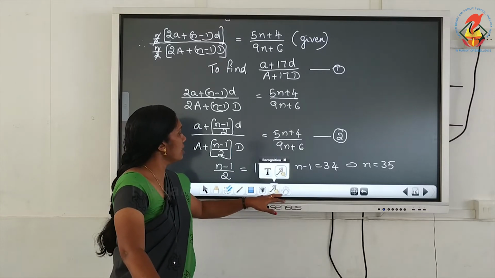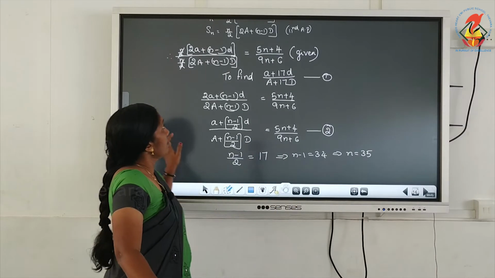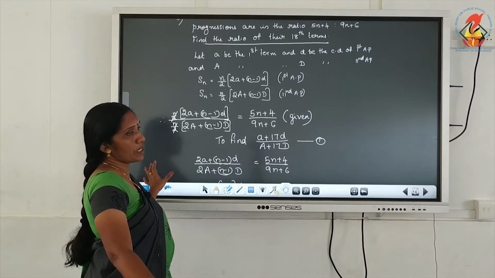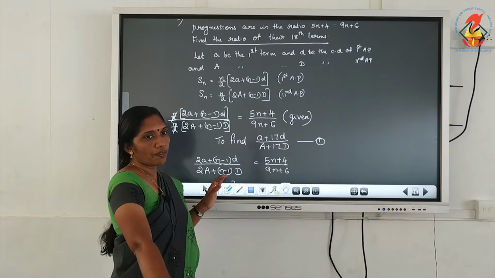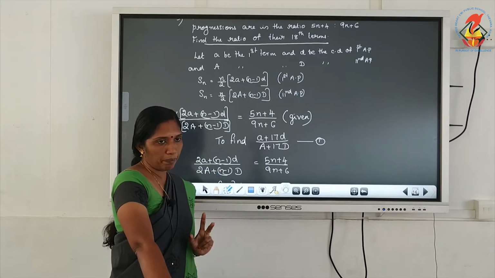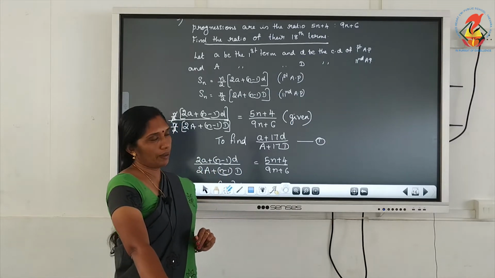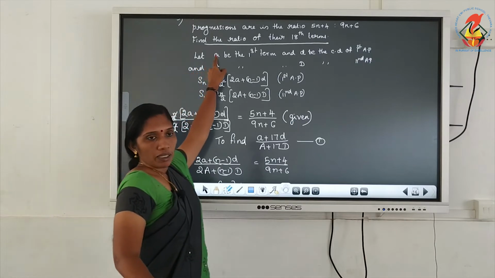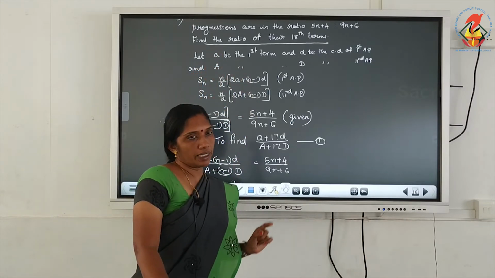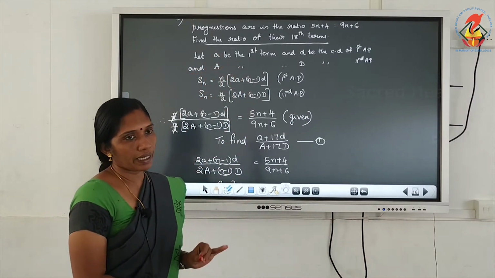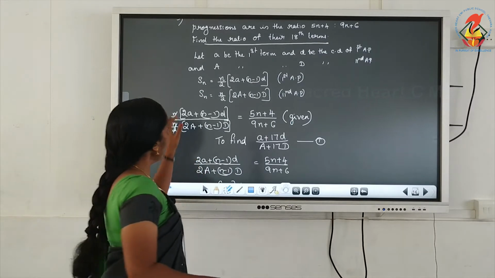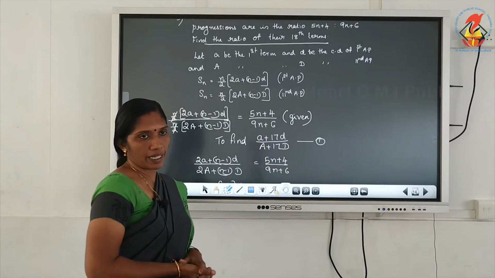So, once again children, you listen. What is given in the question? The sum of n terms of two APs, the ratio is given. So, first AP small letter a and small letter d, first term and common difference, second AP capital letters. Then we write the formula for finding Sn.